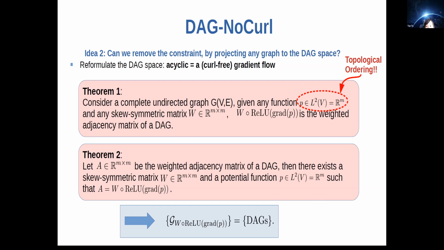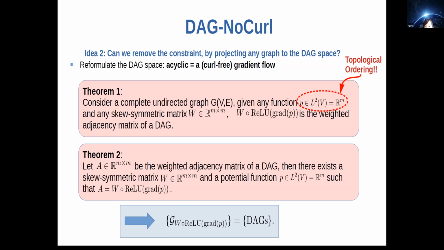And even better, if we take the Hadamard product of this gradient with any skew-symmetric matrix, it will still be a DAG. That means any Hadamard product of the skew-symmetric W and the gradient of P will belong to the DAG space. And vice versa, that also holds true.